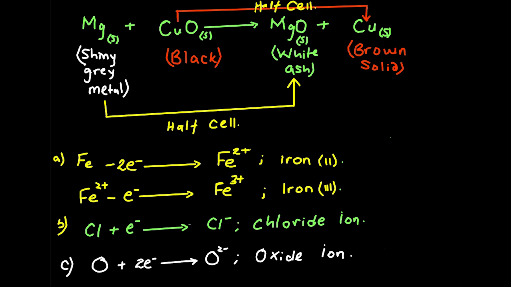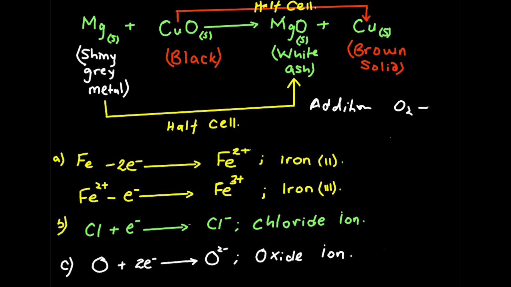Taking another example, magnesium reacting with copper II oxide becoming magnesium oxide and copper. Magnesium gaining oxygen becoming magnesium oxide. Addition of oxygen is oxidation.